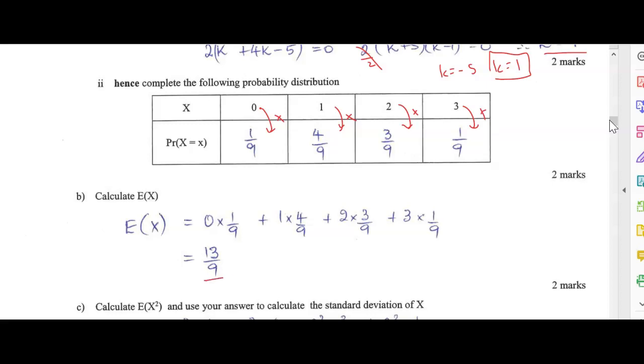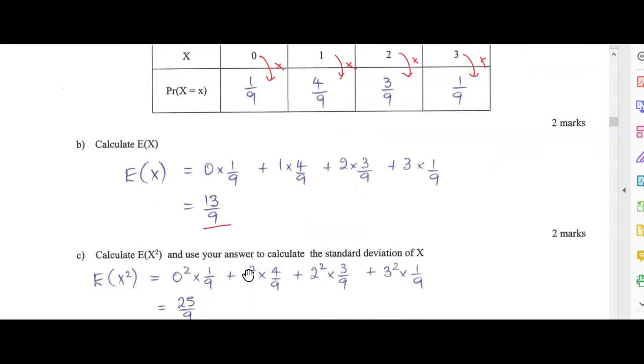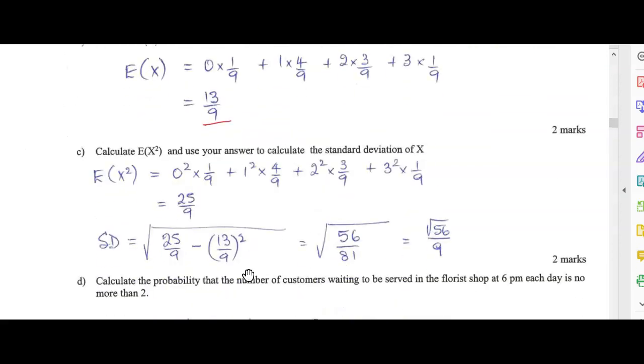Remember to do your exact value unless it specifies decimal places. So you can just leave it as 13 on 9. Don't go ahead and write it as a mixed number. Just leave it as an improper fraction. And leave it in its simplified form as well. Don't write 26/18. You should be simplifying your fractions.